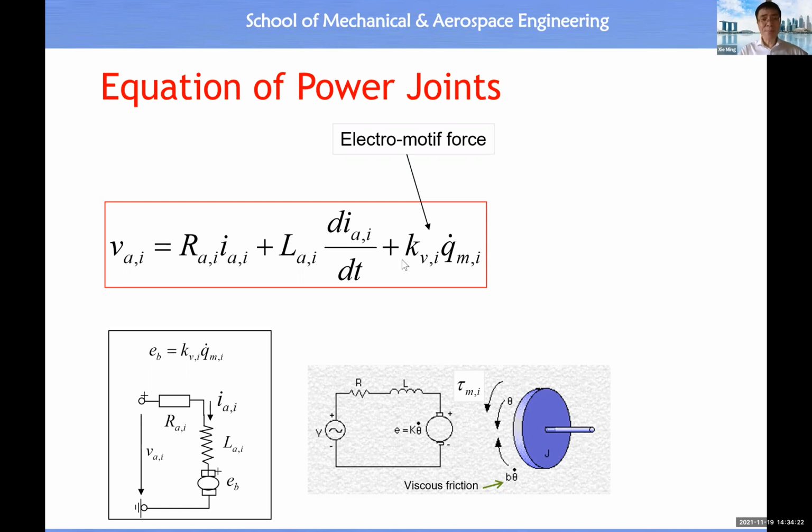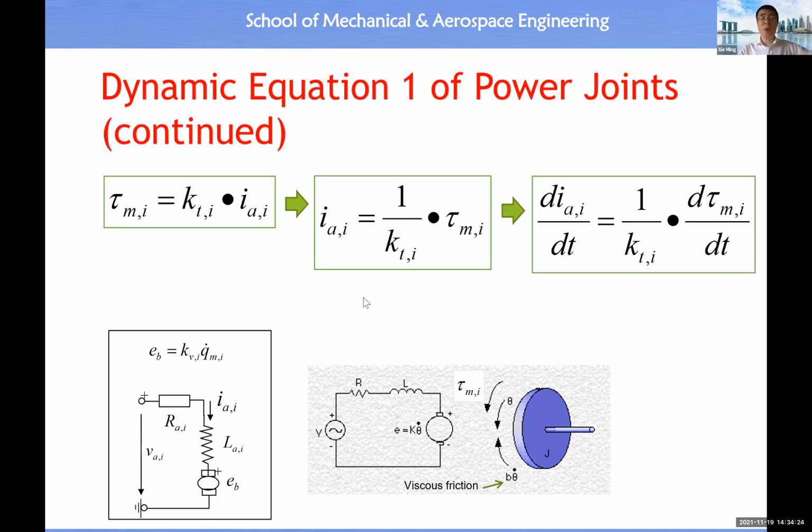Then in general, we have this relationship which relates electric energy to mechanical energy. We can assume that this relationship is linear. In other words, mechanical energy at the output is proportional to electrical energy at the input.